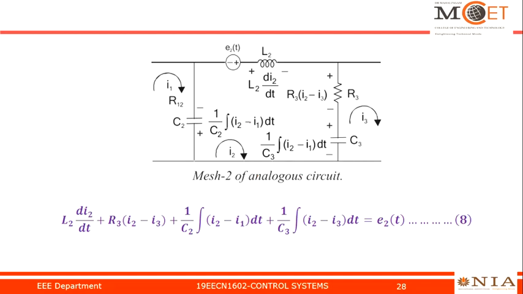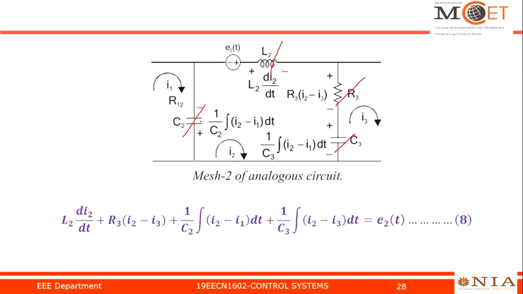Then write the mesh equation for the second mesh, mesh 2. Here we have E2 of t as the potential, and the remaining things are drops. Here is one drop, here is one drop, here is one drop, here is one drop: four different drops. Add all the four drops.